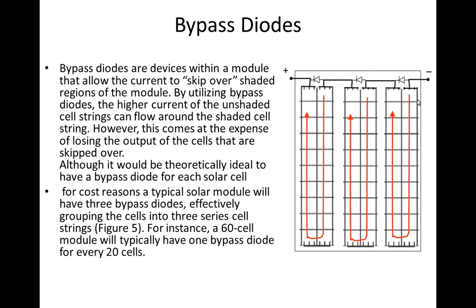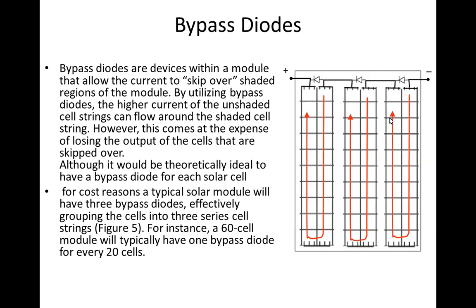But the problem is that I need to use a diode for each cell, so that I can only skip the shaded cell. Because of the cost of this process, it's better to use the diodes for rows. For example, if I have 60 cells, it's better to use a diode for each 20 cells.